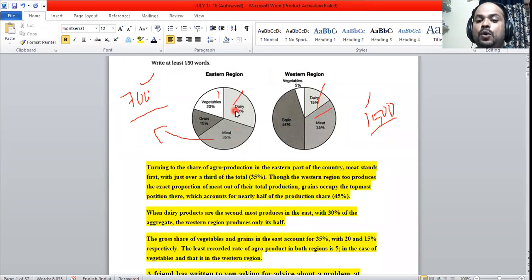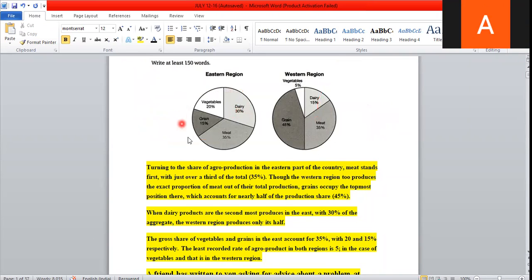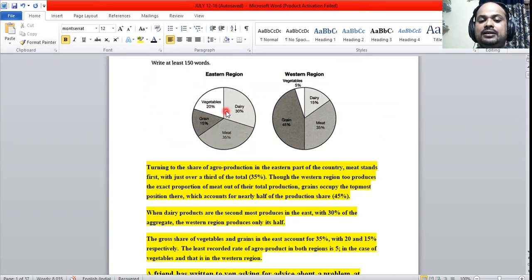Okay, so we can say the Western region produces only its half. So 30% of the total produce of the Eastern region is dairy products. So they told that the Western region produces only its half.